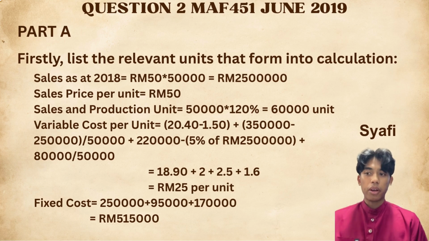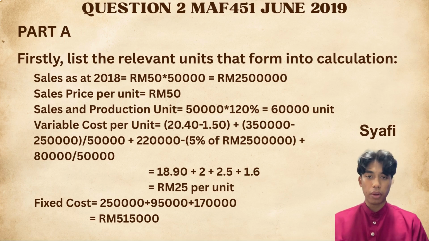As for the variable cost per unit, the direct cost is expected to decrease by RM1.50. And next, we need to search the manufacturing overhead variable, selling and distribution variable overhead, and general overhead variable. So we will get a total of RM25 per unit.